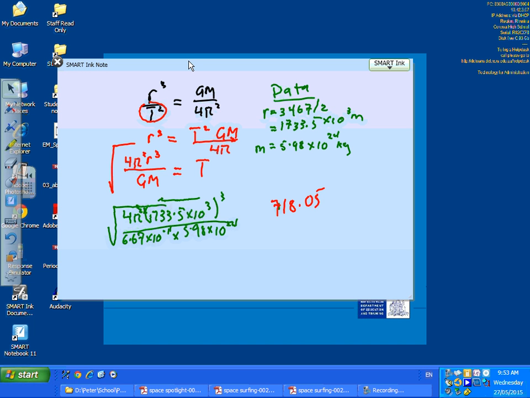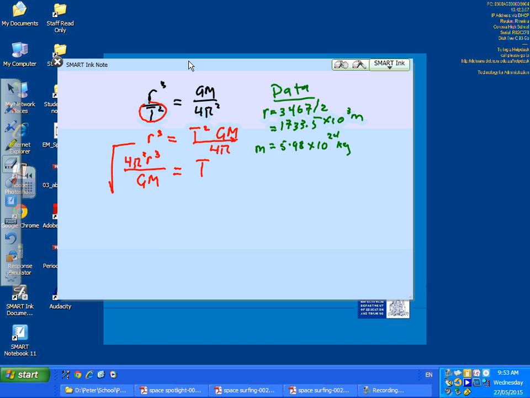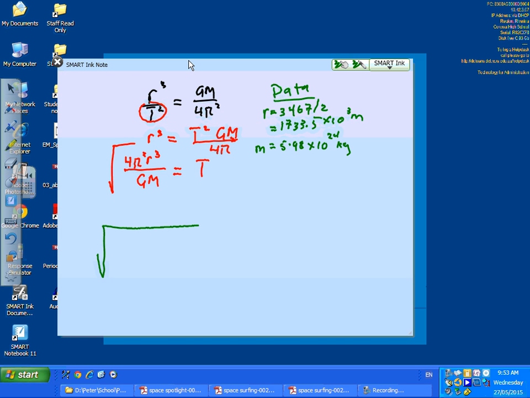Let me write it in big writing so you can see what you're doing. So it'll be the square root of 4 pi. Doesn't it come out like 86,000?